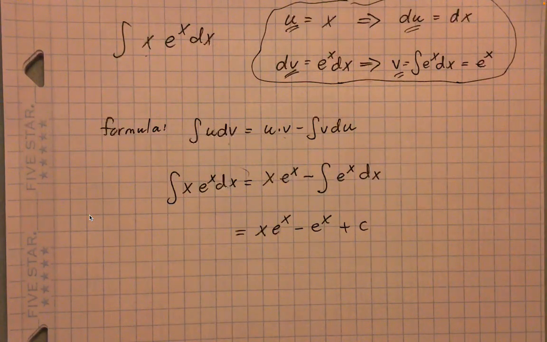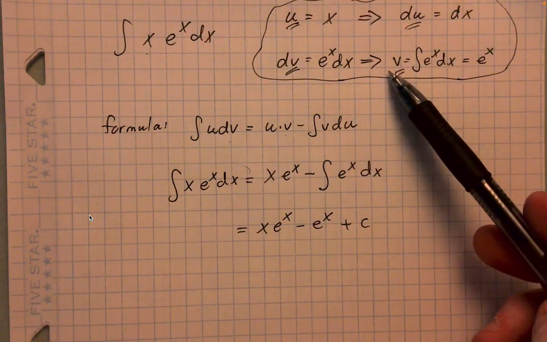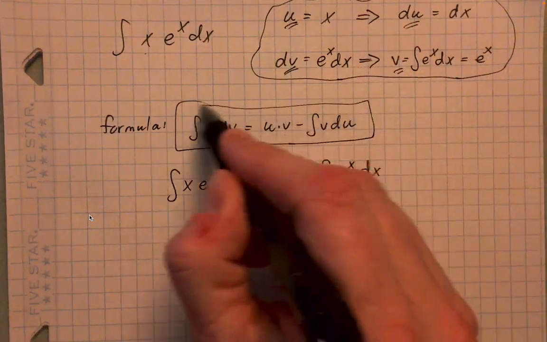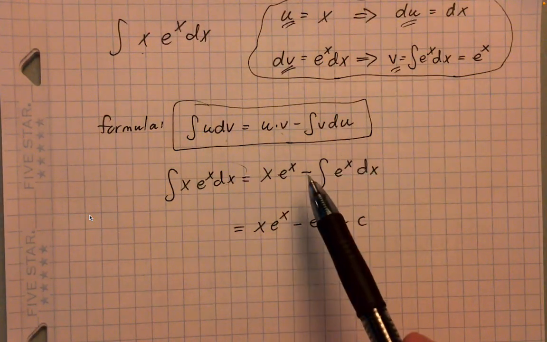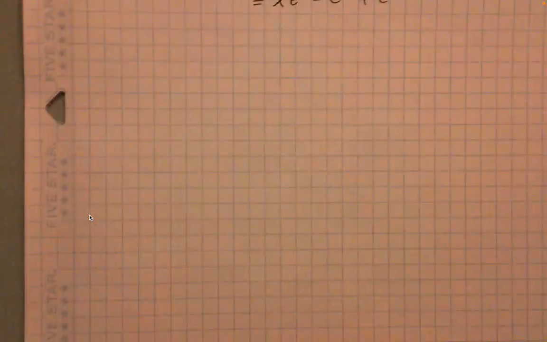Okay? And then from those two choices, you derive du and v, and everything gets plugged into this expression here. This is the central expression to recall from integration by parts. Excellent. Okay, let's try another example.